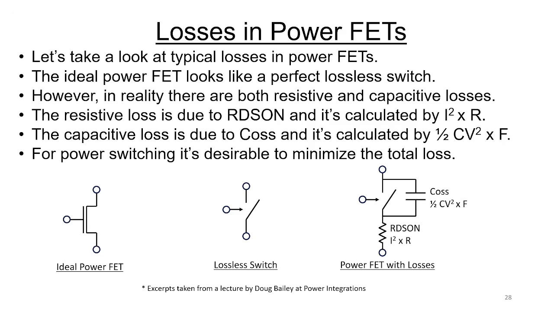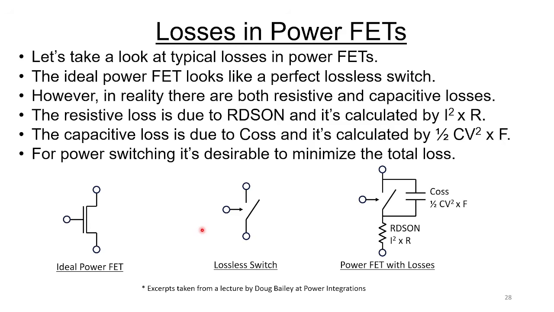So let's take a look at the typical losses in power FETs. So the ideal power FET looks like a perfect lossless switch. So here's our ideal power FET, and here's our lossless switch. However, in reality, there are both resistive and capacitive losses.